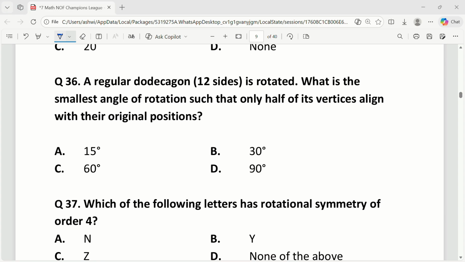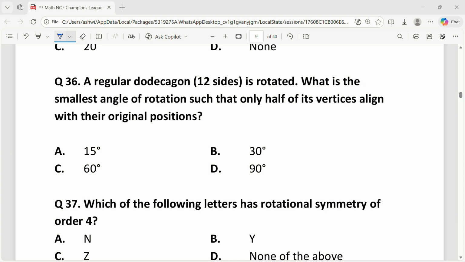Question 36. A regular dodecagon, 12 sides, is rotated. What is the smallest angle of rotation such that only half of its vertices align with their original position? The problem specifies a regular dodecagon which has 12 sides, thus 12 vertices. The requirement is that only half of its vertices align with their original position.